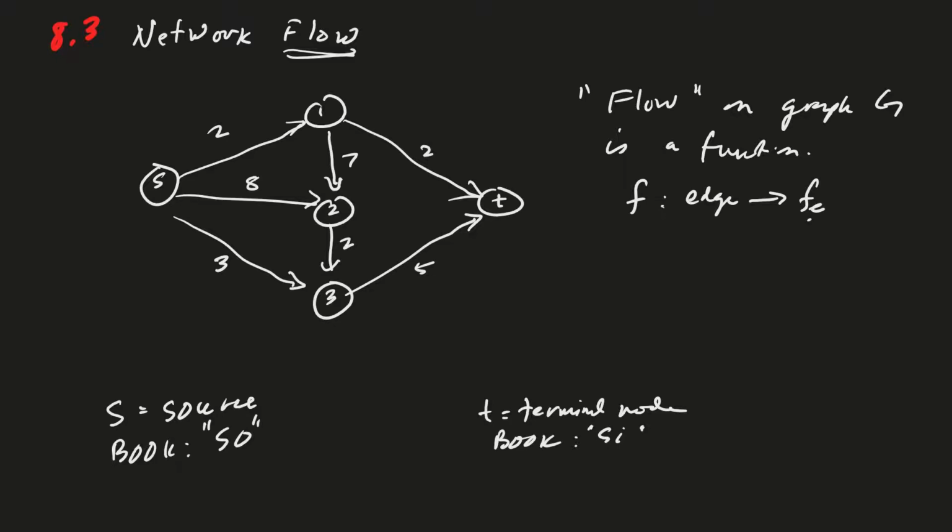So for example, if I was just using 1 unit of flow out of 2 on this edge from S to 1, I would say that f sub S1 is equal to 1, and then I could also use the notation C for capacity, and then C sub S1 for the edge equals 2.